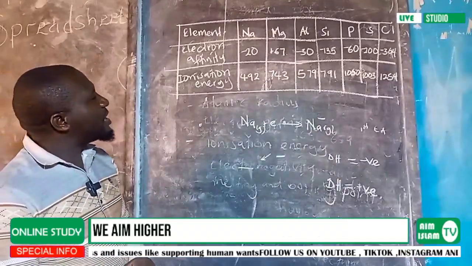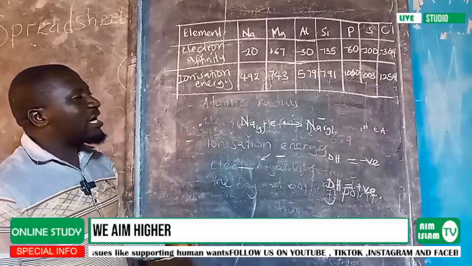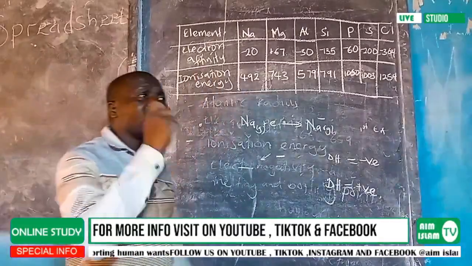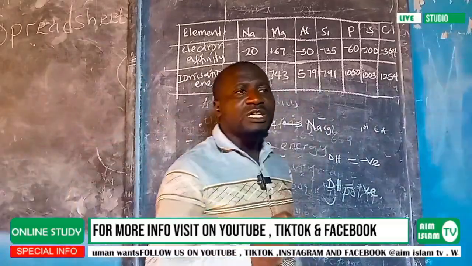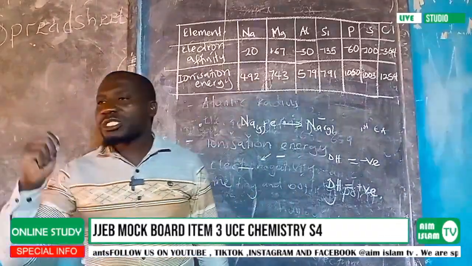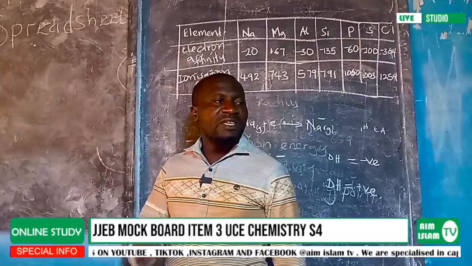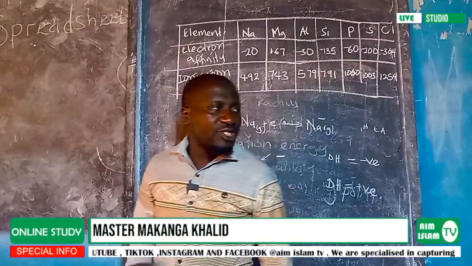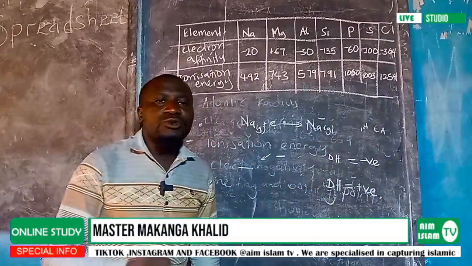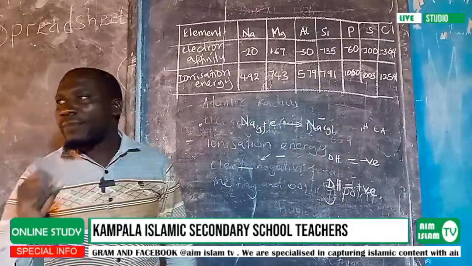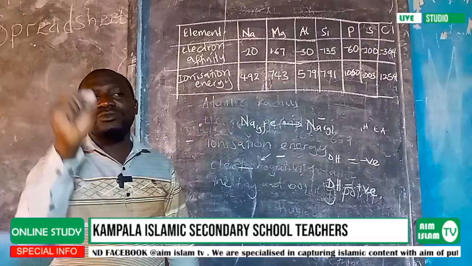So when you check the magnitude generally, and also what I wanted to explain, when you are explaining the variation of electron affinity across a period or down a group, or the variation of ionization energy, it's not like the response in biology, whereby for every change you say increase, decrease, increase, decrease.